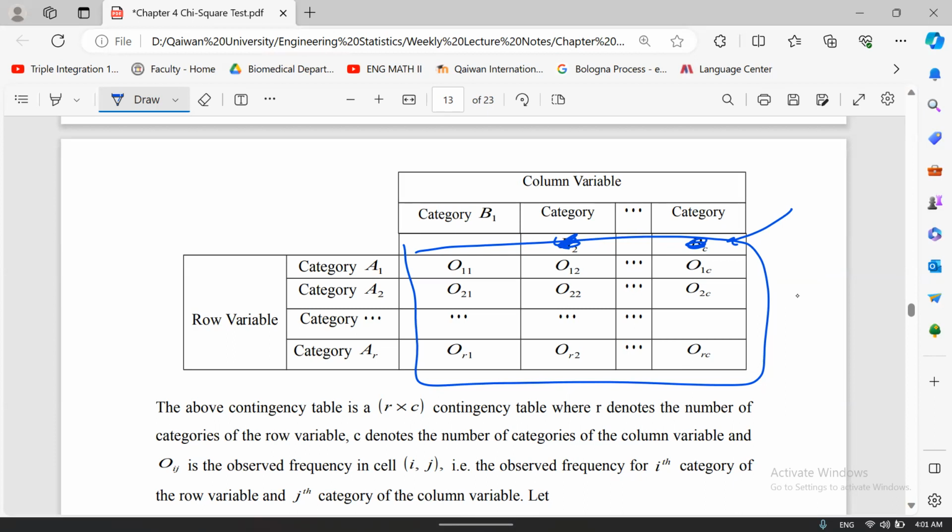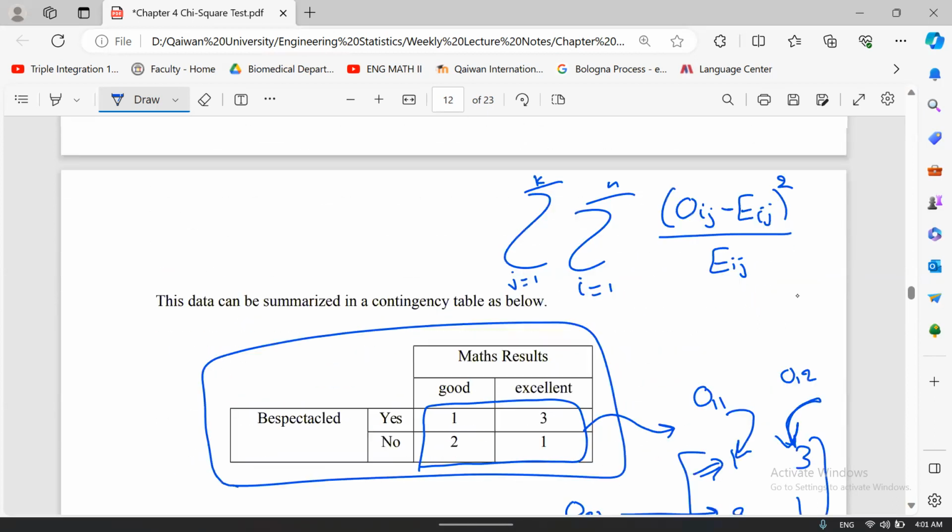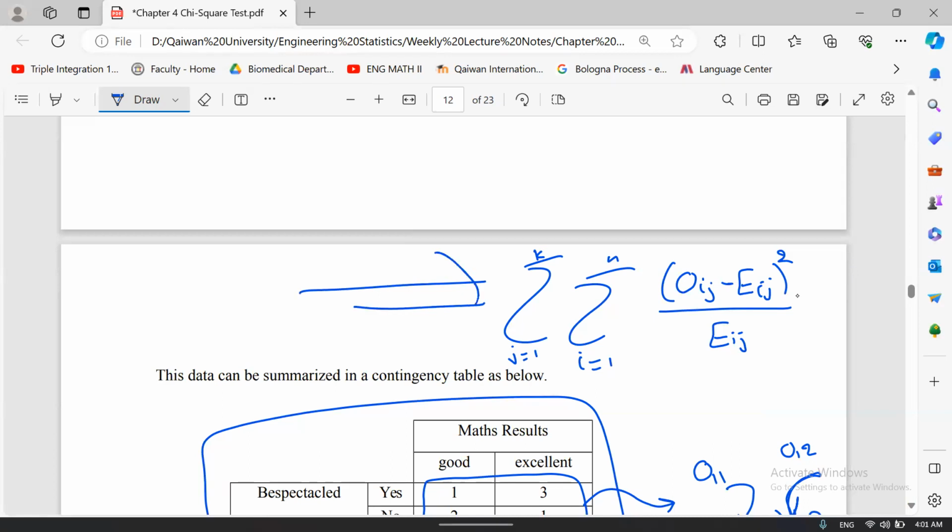We must find the expected frequency to apply the rule. To apply the rule, as you see above, we just have expected frequency and observed frequency. Observed frequencies are given. We must find the expected frequencies. After finding the expected frequency, we can calculate it. It's easy to calculate. Okay?